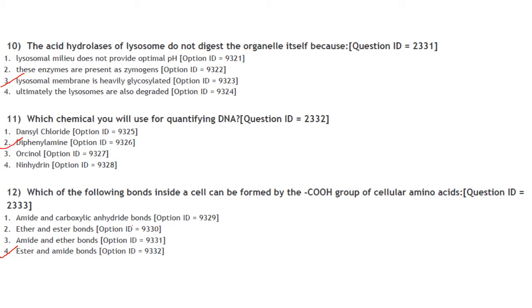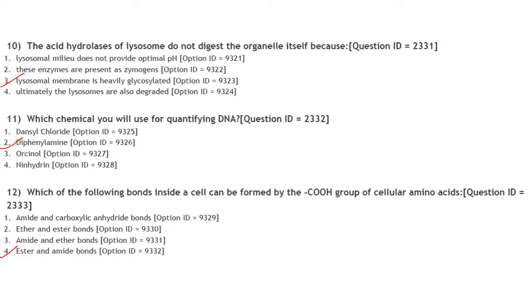Which of the following bonds inside a cell can be formed by the COOH group of a cellular amino acid? So, most importantly, an ester bond can be formed, that is COOH with alcohol will give rise to ester bonds. Another is the amide bonds, because asparagine and glutamine are amide amino acids and they are formed from glutamic acid and aspartic acid.